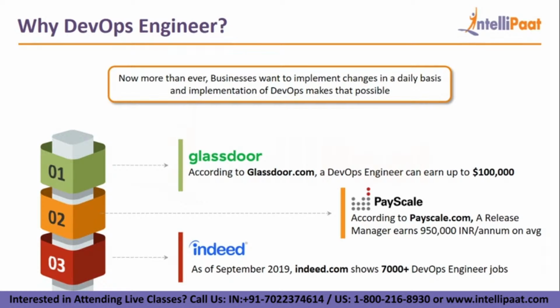According to payscale.com, a release manager, who is basically a DevOps manager, earns around 9,50,000 per annum on average in India. According to Indeed, as of September 2019, that is our current month, there are 7,000 plus vacant DevOps engineering jobs that you can apply to. This is the current scene in which you can get jobs as a DevOps engineer.